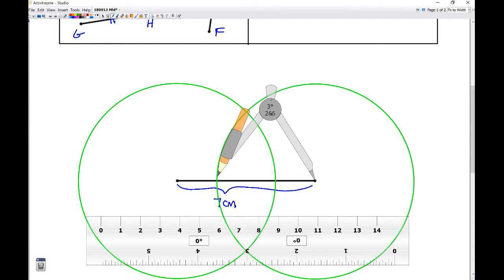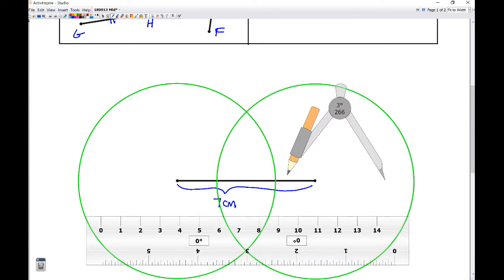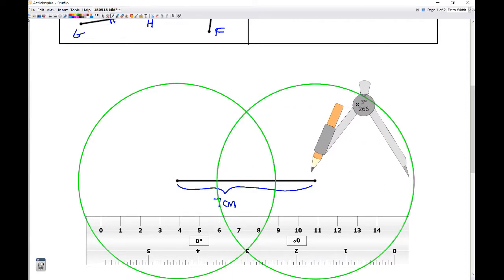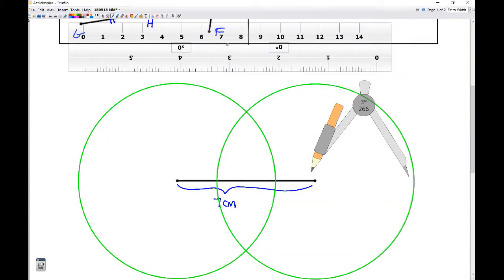Now, using that same colored pencil that was on your compass, just grab the colored pencil portion of it. You don't need to take it out. And I want you to put a point where the circles intersect each other. Where do the circles cross each other?